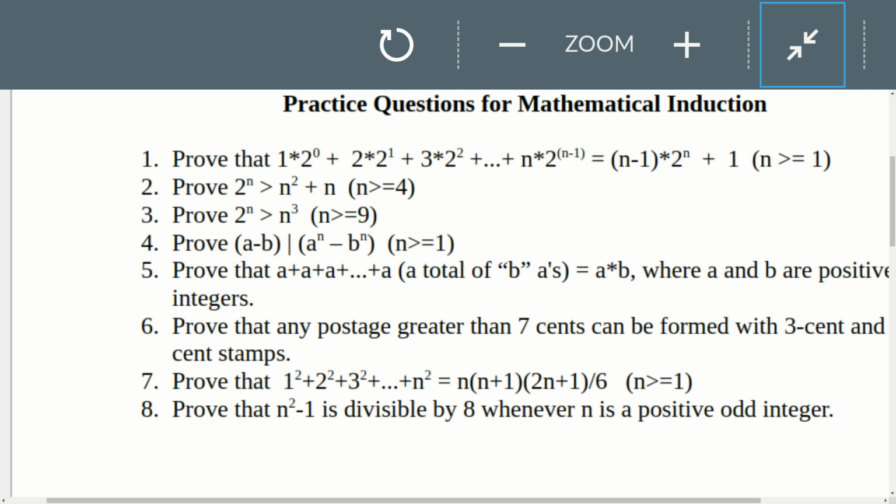We can do the base case. So this is P of 1, which would equal, so if n is 1, then n minus 1 is 0.